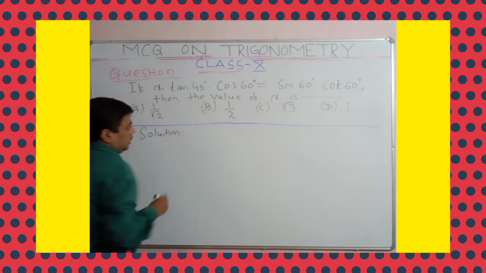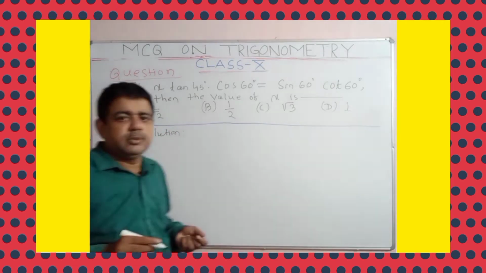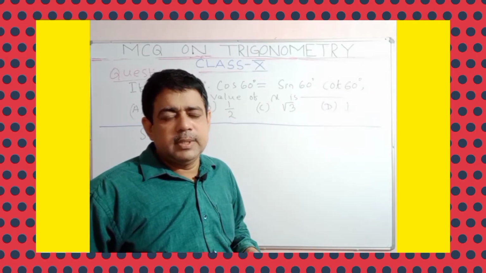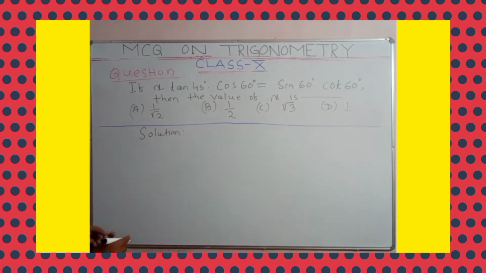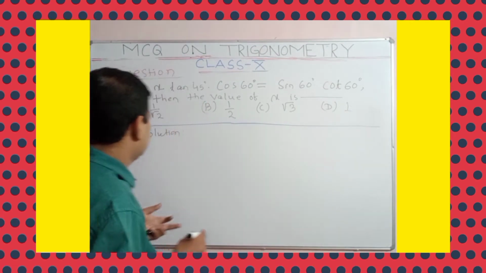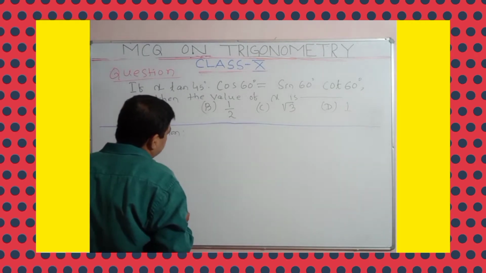Okay, and students, all of you know the trigonometric ratio of 45 degree, 60 degree of the acute angles. All of you know. So here you have to use the trigonometric ratio.